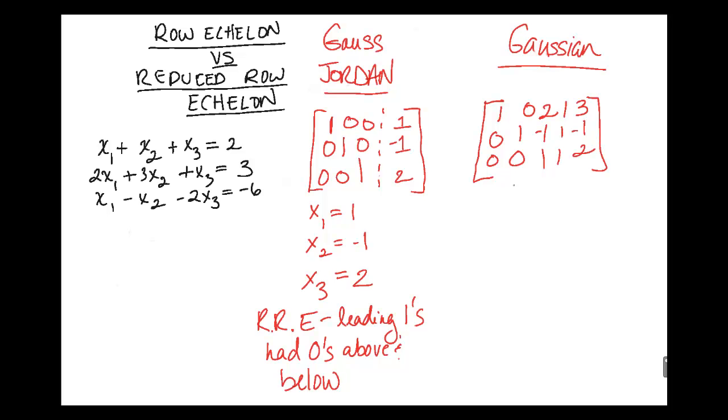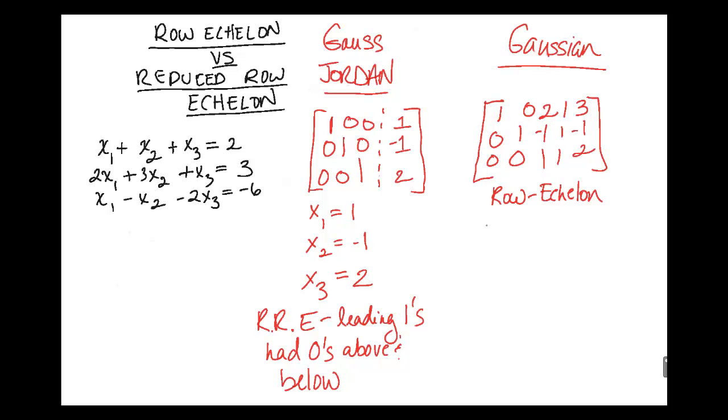And again, there will be a video for both Gaussian and Gauss-Jordan you can look at. But this will allow you to do back substitution. This is your row echelon form. Again, zeros below, numbers can be above.